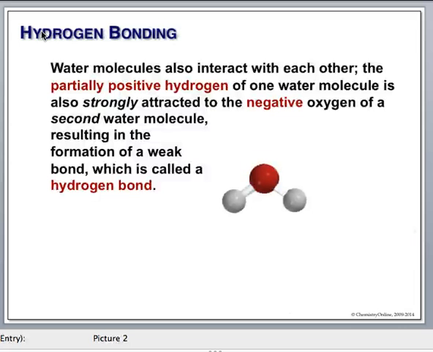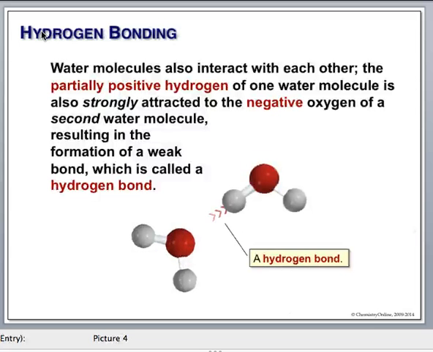We know that this end is positive, this end is negative. If I take another water molecule and bring it up next to this one, I can form a hydrogen bond. The hydrogen bond is going to be between the negative end of this dipole and the positive end of this oxygen-hydrogen bond.